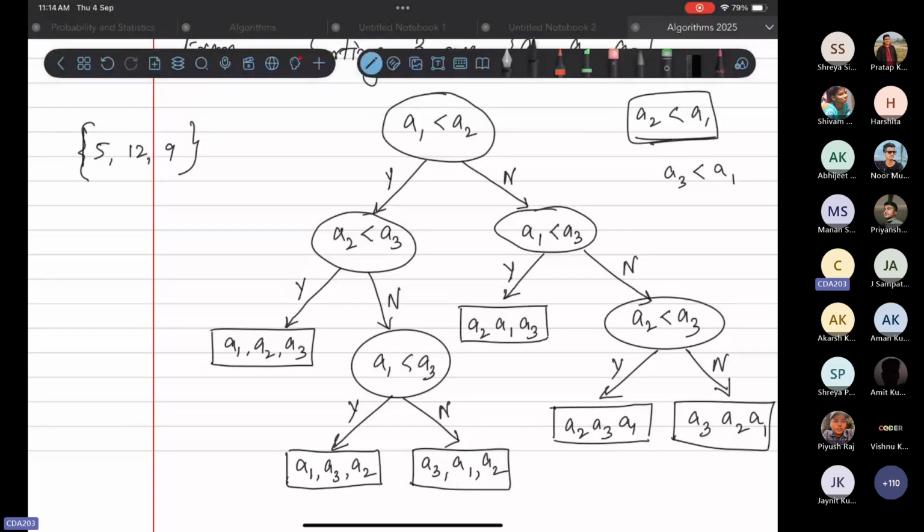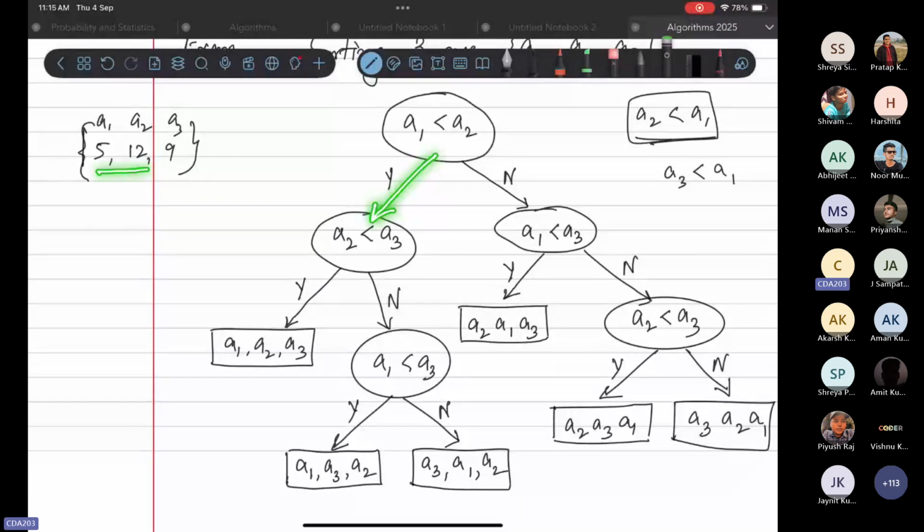This is my A1, A2, A3. First it's going to compare A1 and A2. Is 5 less than or equal to 12? Yes, so it will come to this branch.